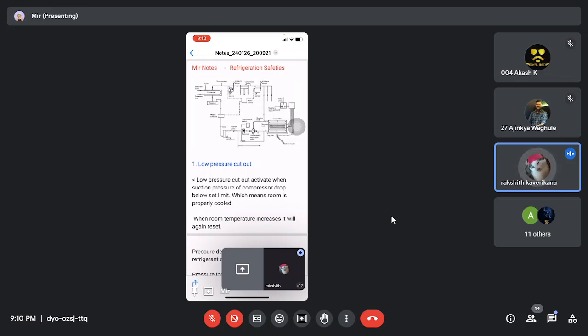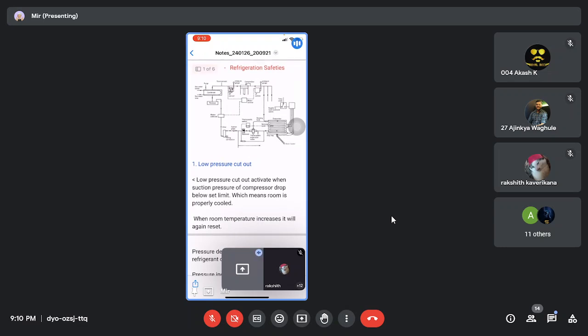And when the temperature rises again, the LP starts to cut in, which means it will start the compressor again, and cooling starts again. Yes, you mean to save energy, but also when the room is completely cooled, we do not need to run the compressor because the room is already cooled. It will achieve its desired temperature.